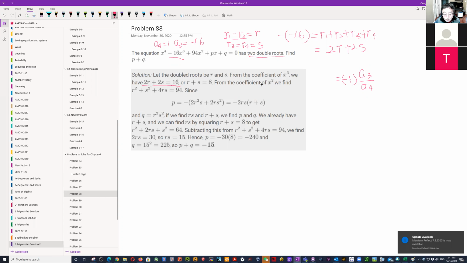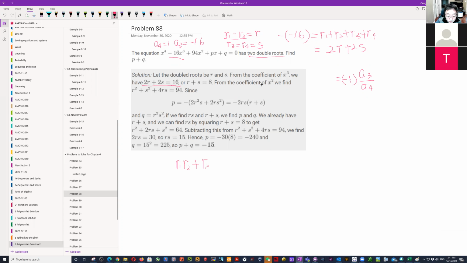If you expand it, all the possible ways are r1r2 plus r3r1 plus r3r2... specifically r1r2 plus r1r3 plus r1r4 plus r2r3 plus r2r4 plus r3r4. Because of the flip-flop nature, this equals a2 divided by a4.